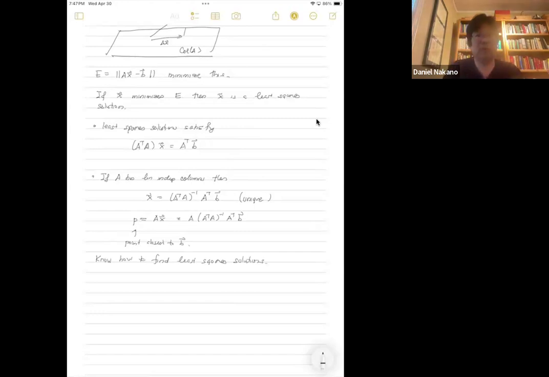So if I give you a matrix A and I give you a B, then you should be able to find all the least squares solutions just using this method.